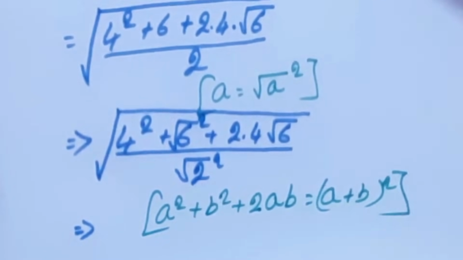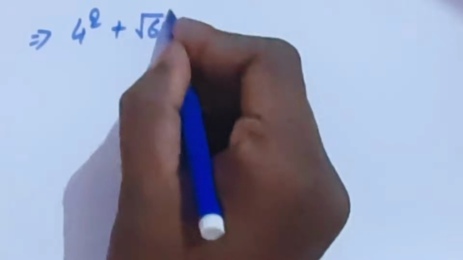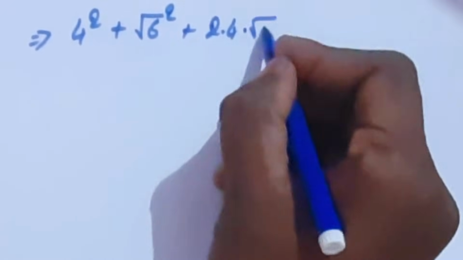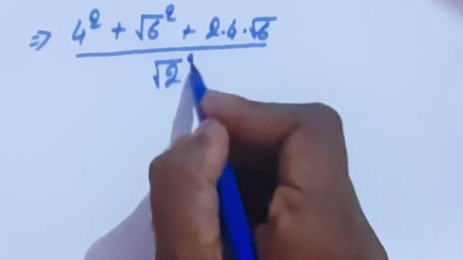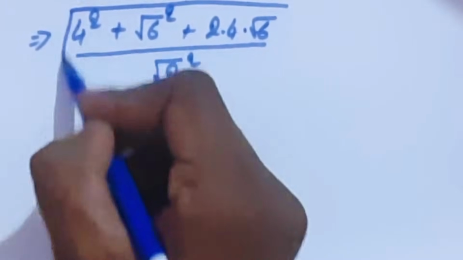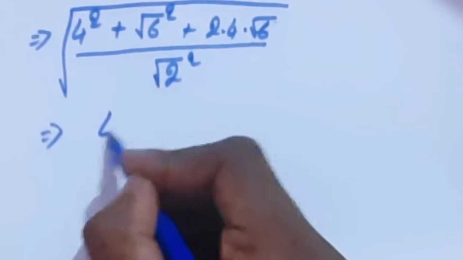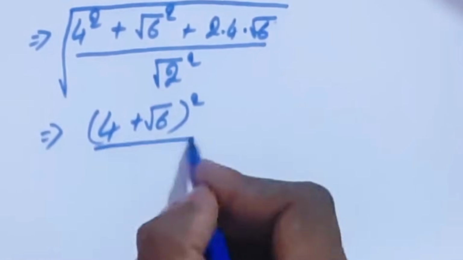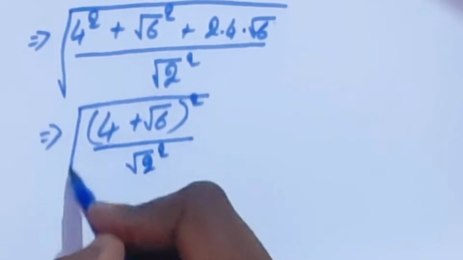So 4 square plus square root of 6 square plus 2 times 4 times square root of 6, whole divided by square root of 2 square, in whole square root. According to this algebra formula, this can be written as 4 plus square root of 6 whole square by square root of 2 square, in whole square root.